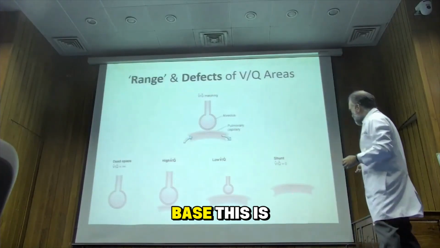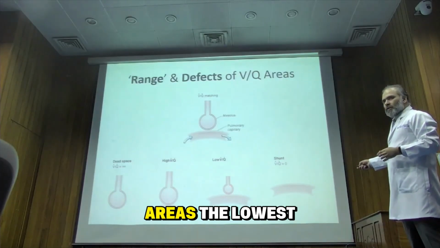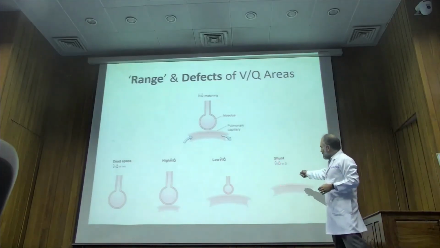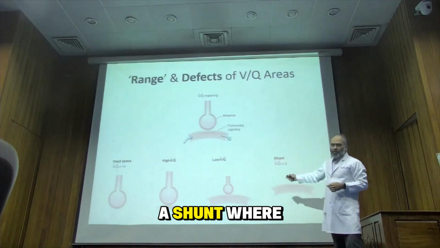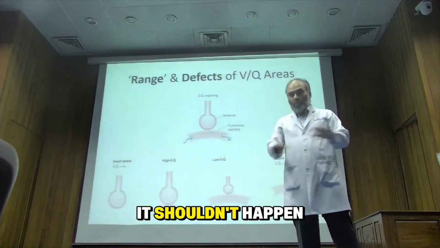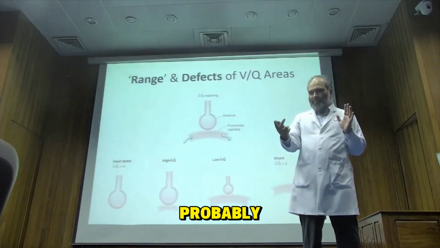diagram. Start from the base. This is the base. So lower VQ areas, the lowest part of the low VQ areas is called a shunt, where the whole thing becomes literally zero. It shouldn't happen, or it happens very slightly, maybe, probably.